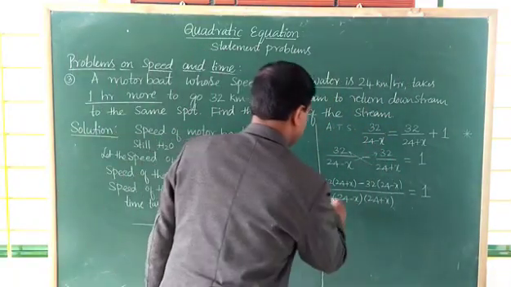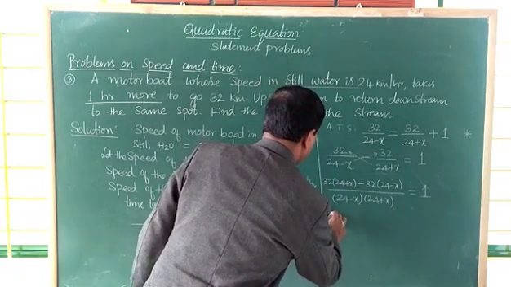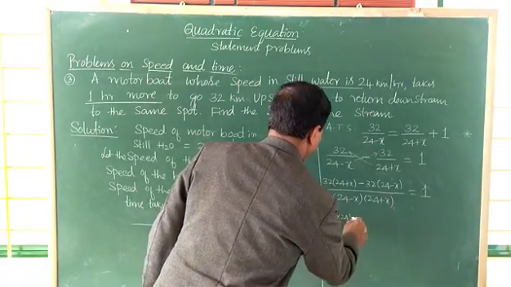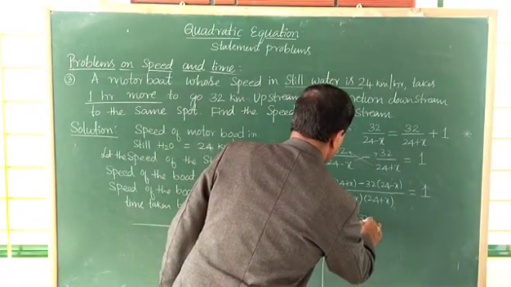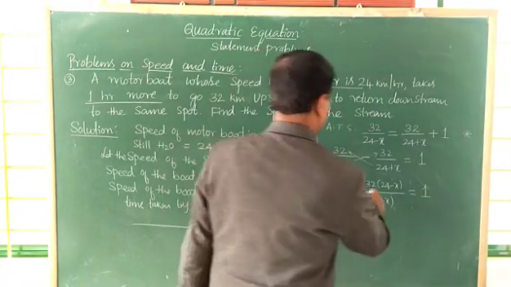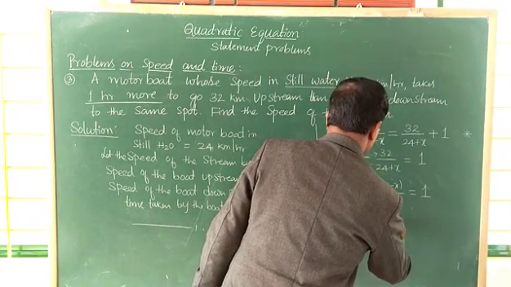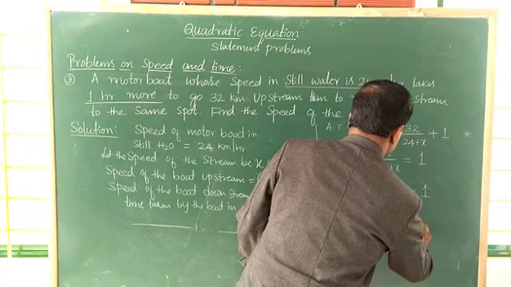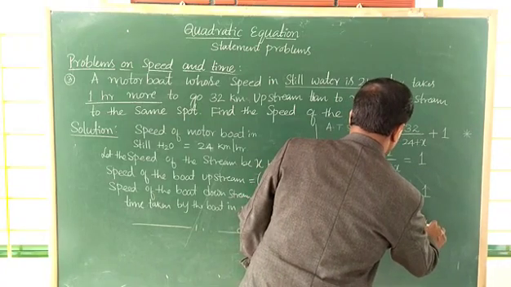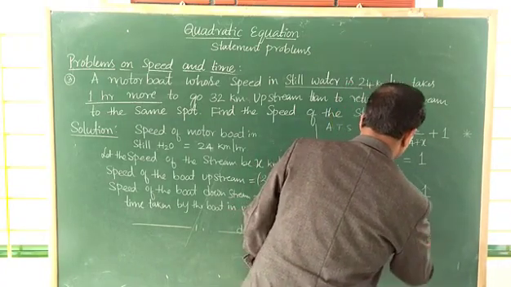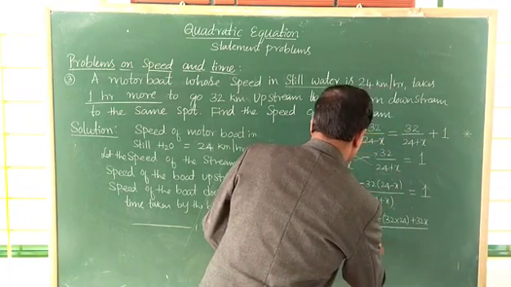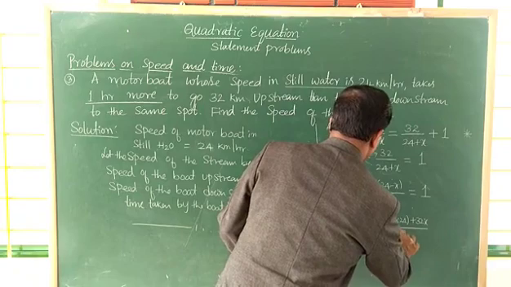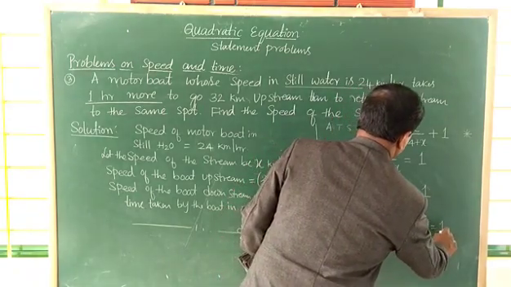On simplifying, 32 into 24 plus 32x minus 32 into 24 plus 32x, whole divided by 24 square minus x square, is equal to 1.